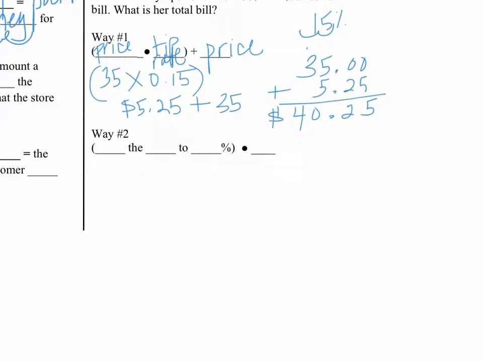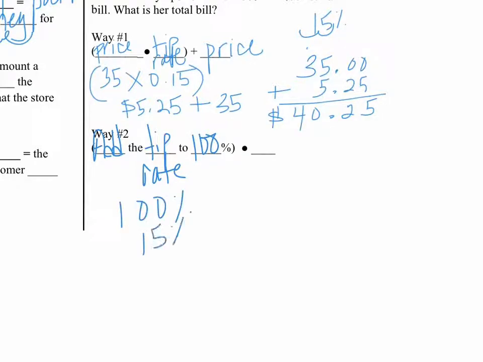So let's finish our problem with Mary. Way number 2, you add the tip rate to 100%. So 100% plus 15% is 115%.